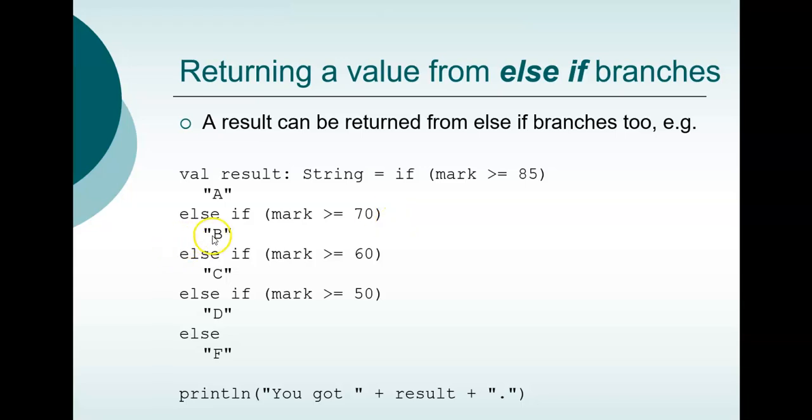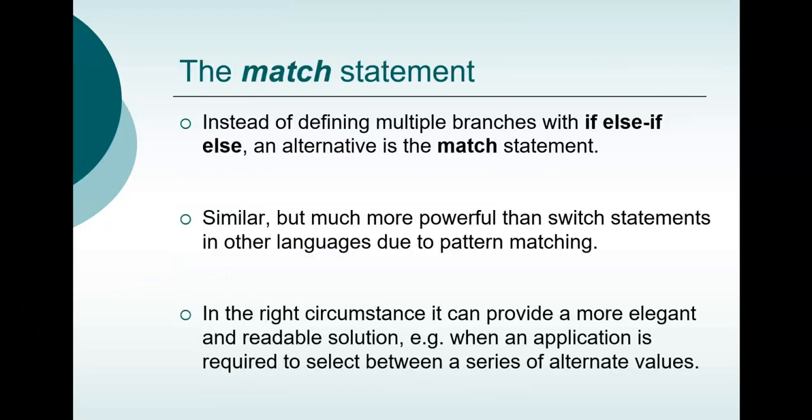Else if this expression, return B. So at the end, when you print, your result will be A, B, C, D, or E. The return values are the code or the statement within the block. Here, because it's a single statement, we don't use the block. So A, B, C, and D will be the return values. So we can also return a value from an if expression. Take note of that.